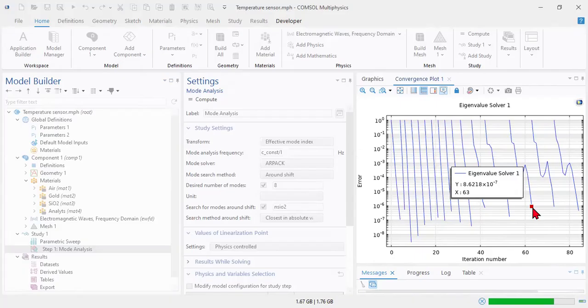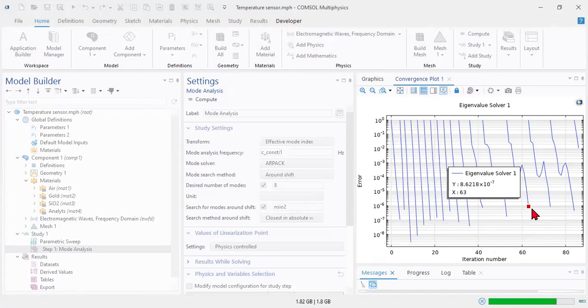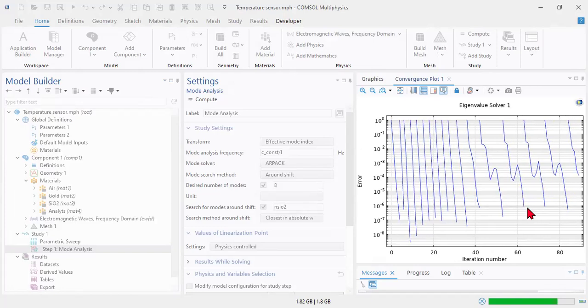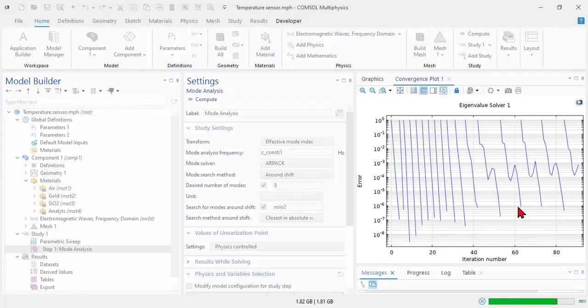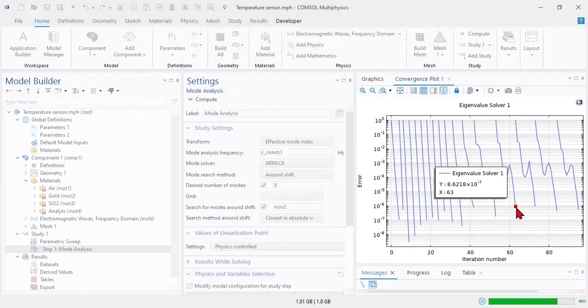53 to 63. So it required 10 iterations to get below the desired error. Okay, so I think you already know the Newton-Raphson method or the finite element method.